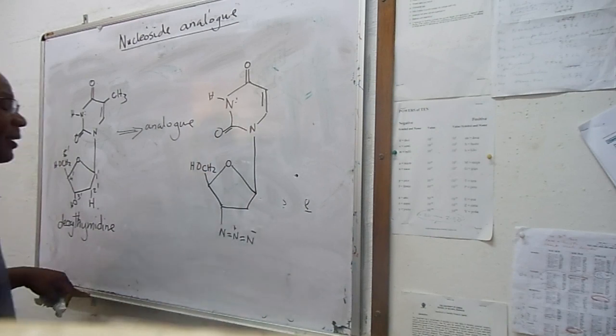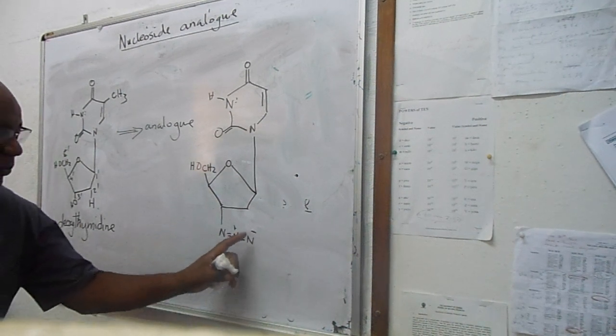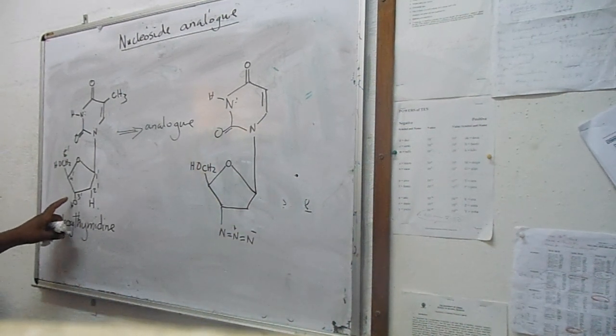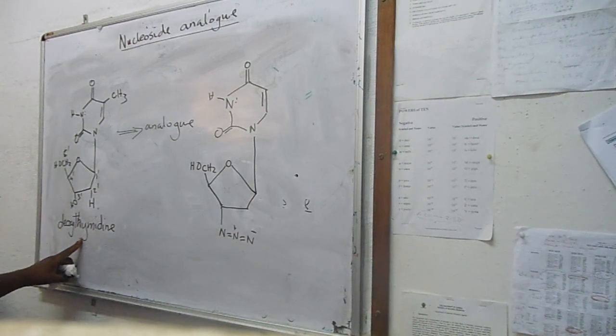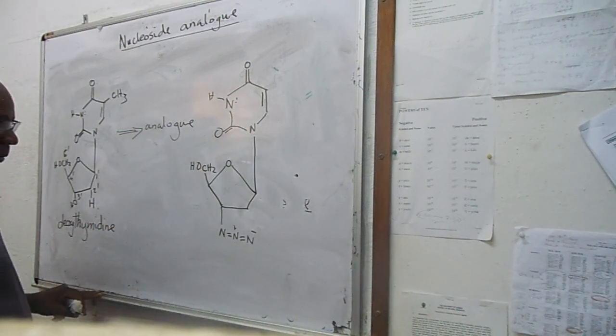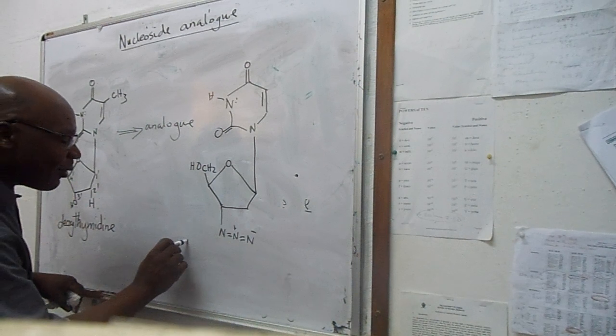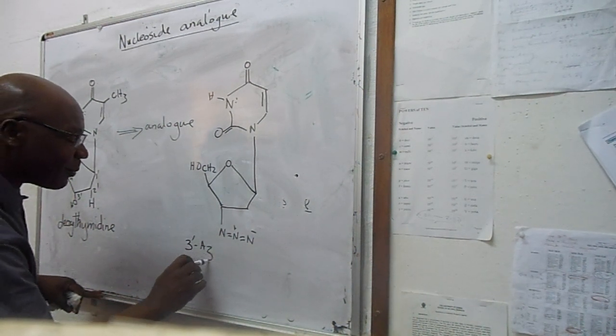So an azido group was put on position number 3 of deoxythymidine. So what can we say is the name of this one? We have put at position number 3 the azido group.